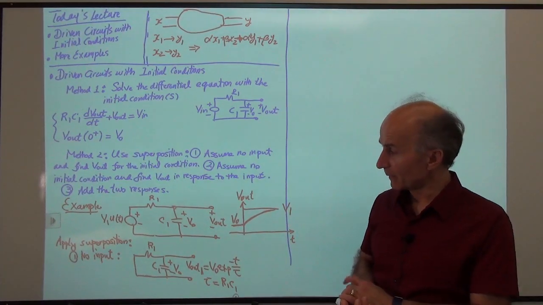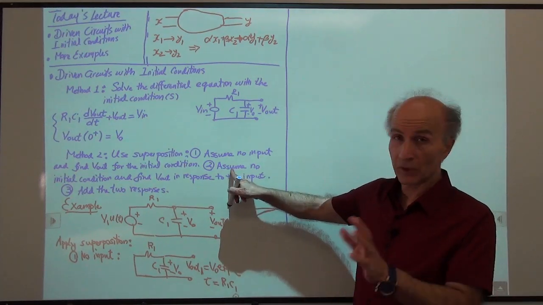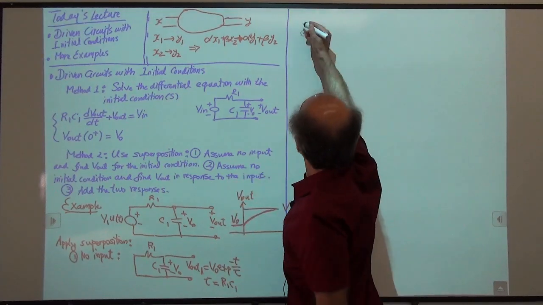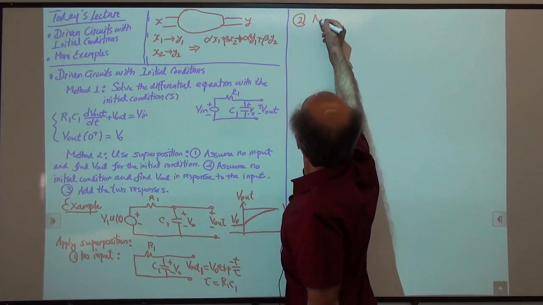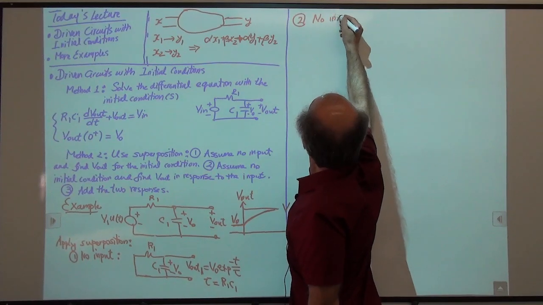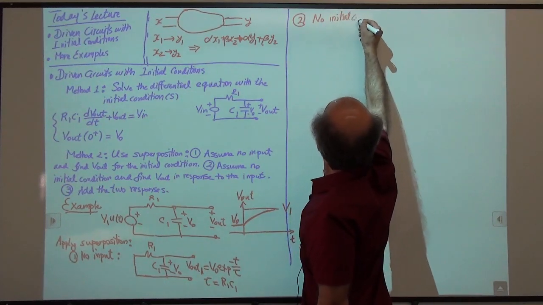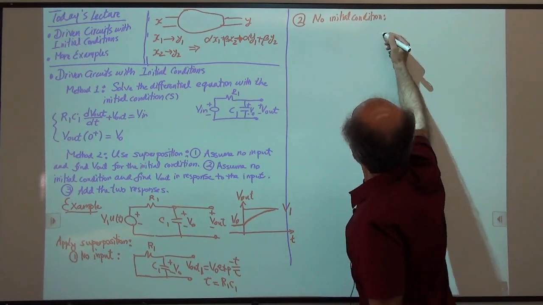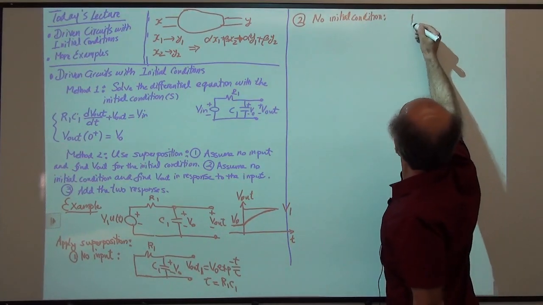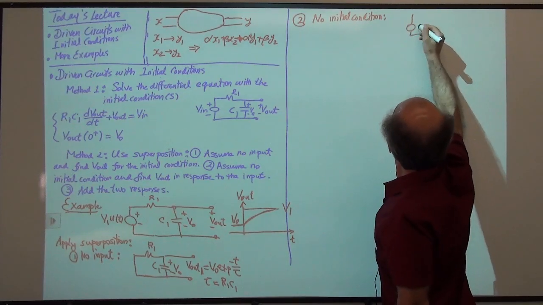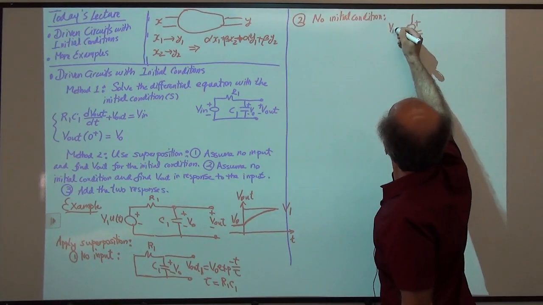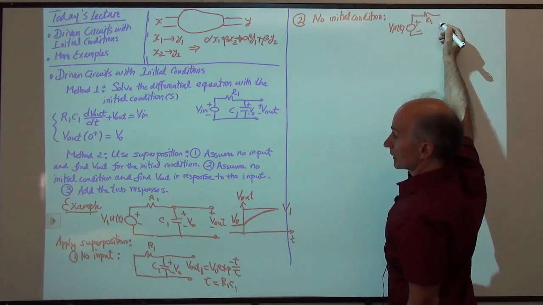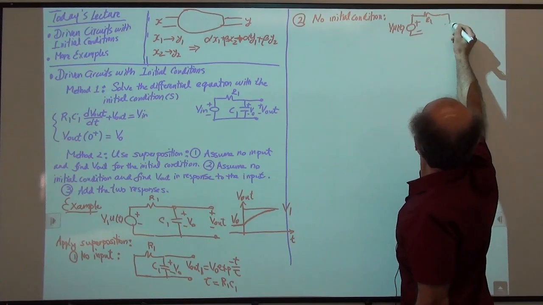Okay? In step number 2, we assume no initial condition, but we now take into account the input. So we have no initial condition. Okay, if you want to draw the circuit, that's easy, right? We have a step here, V1 u of t. We have a resistor R1 and the capacitor C1.